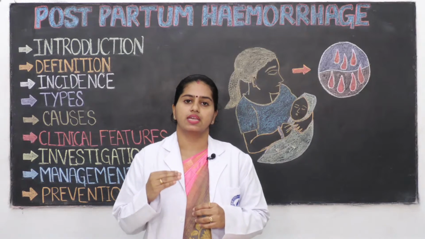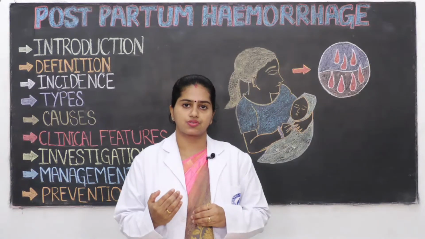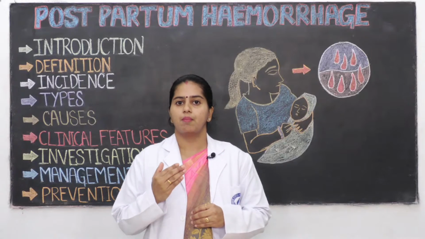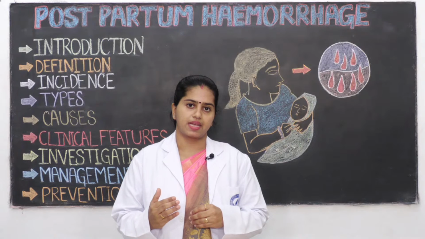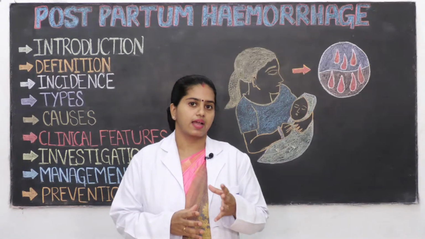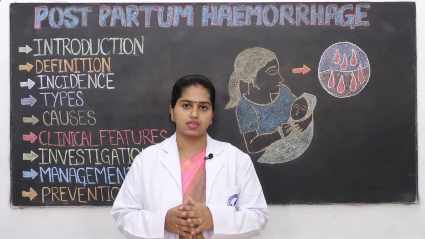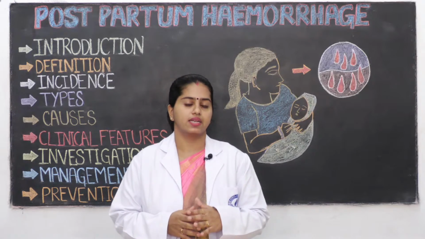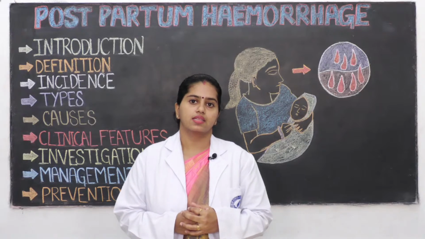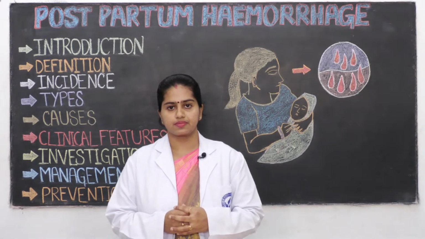Whether the mother is a grand multipara, has a multiple pregnancy, a previous history of abortion, a present history of antepartum hemorrhage like placenta previa or abruptio placenta, or any medical conditions, preeclampsia, HELLP syndrome, or a coagulation problem. These mothers have to be given a separate high risk pregnancy approach and care that can limit the complications that happen during labor.